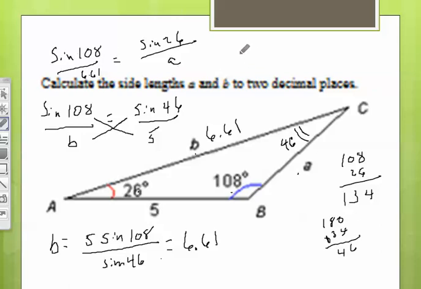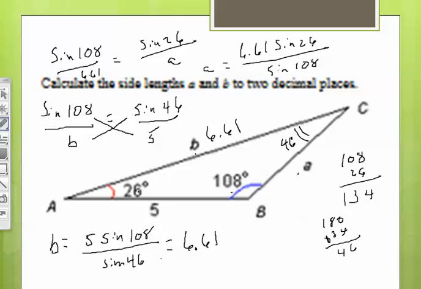And I will get 6.61 sine 26 divided by sine 108, and I will get what side A is.